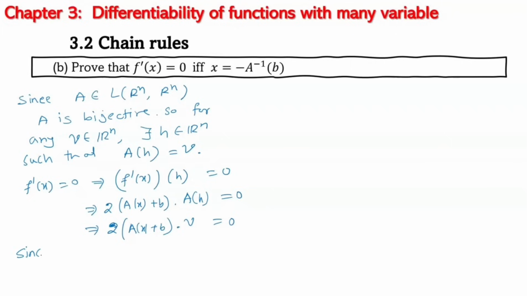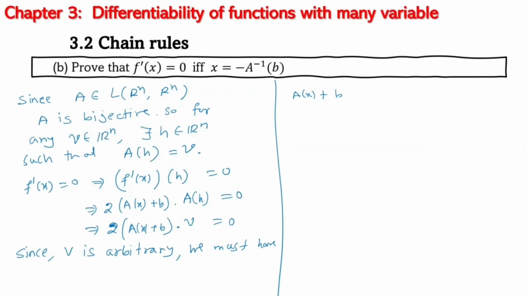Since v is arbitrary, we must have Ax plus b is equal to 0.